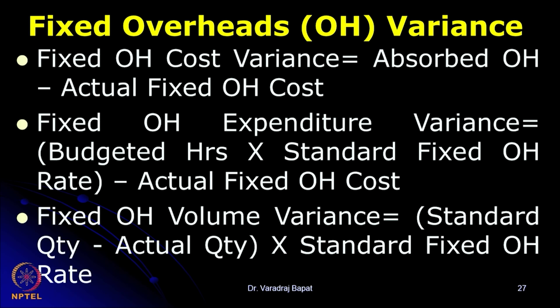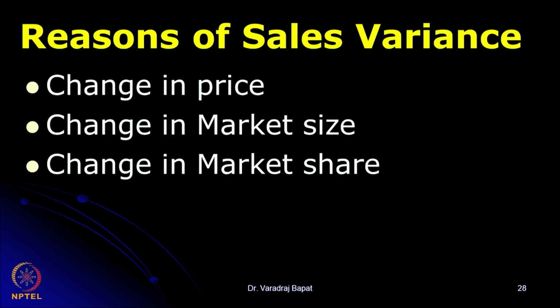So budgeted hours into standard rate, that is the budgeted amount, minus actual overhead amount. And volume related issues. Volume is because of more or less quantity. So it is standard quantity minus actual quantity into standard rate. Okay, now this is the breakdown of fixed overhead variance.